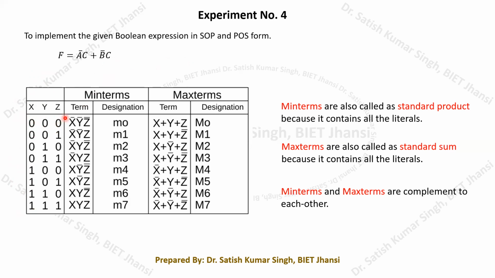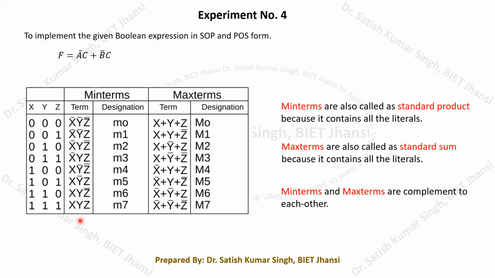So if we perform the AND operation between all these Boolean variables, we get the term x prime, y prime, z prime. Similarly, in the second combination we get x prime, y prime, and z, because z is equal to 1. Therefore, we can have a total of 8 min terms that you can see in this particular column.